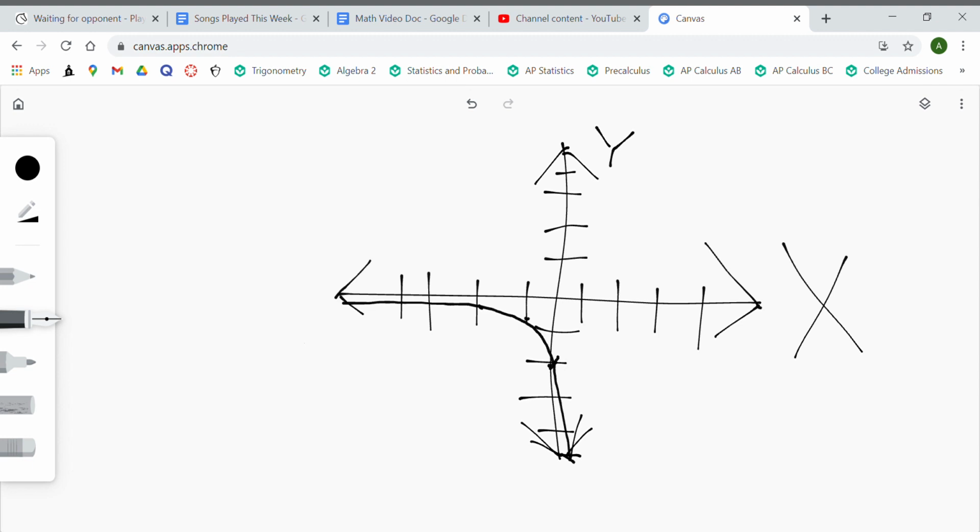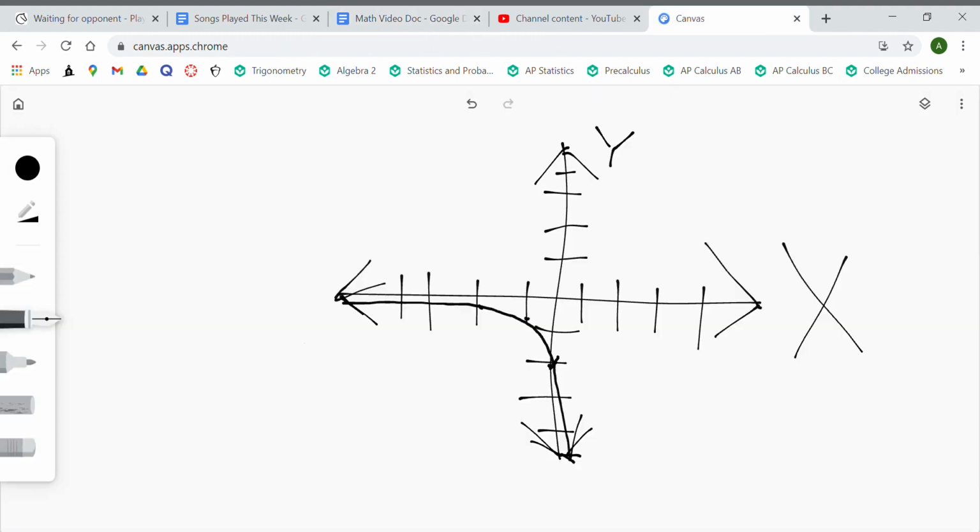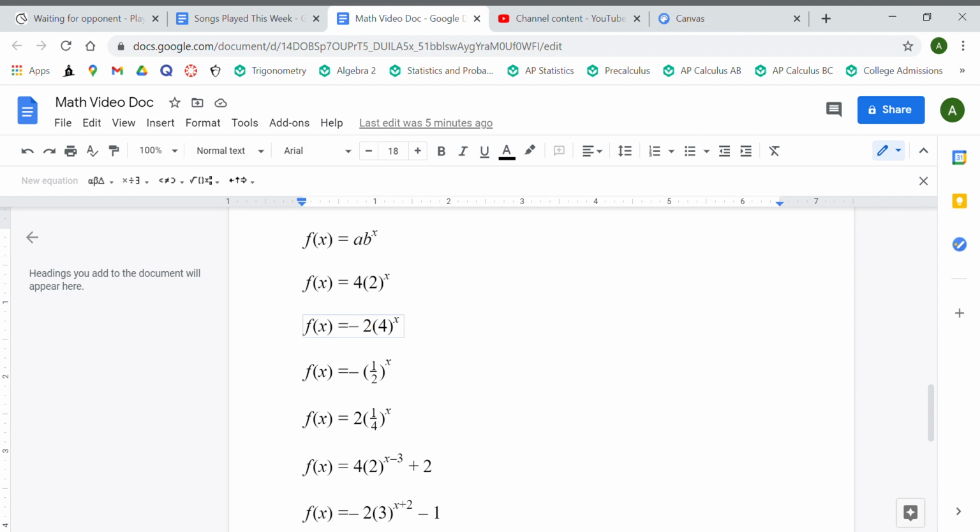So notice what the negative number did here. Remember in the first problem I did for you, it was above the x-axis? Well, since we have a negative number as our a value here, we actually just so happened to end up with a reflection over the x-axis.